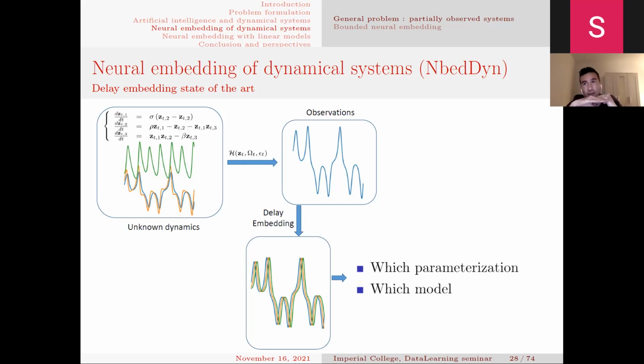It's extremely complex to get a correct embedding for something that is more than scalar, and even if we manage to get a reconstruction of the phase space, the relationship between this embedding and any form of temporal propagator that propagates this embedding in time simply does not exist. And at the end of the day, that's what we want to do, right? We want to do forecast of the observation. So we need to find something else.